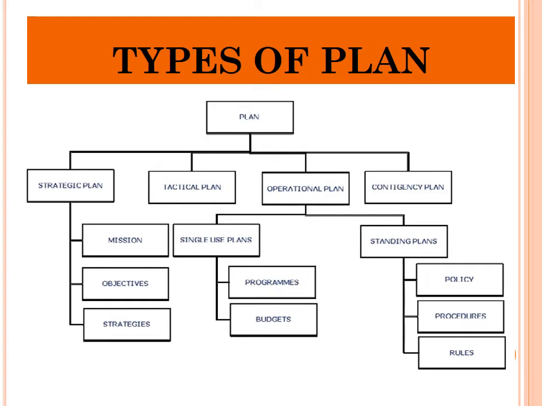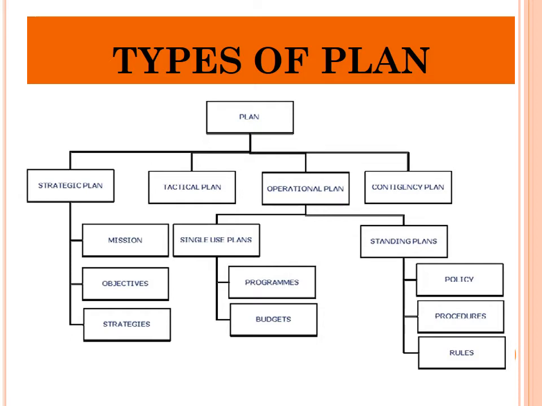In this diagram, you can see different types of plans. Plans may be strategic, plans may be tactical, the plans may be operational, and then the plans may be contingency plans. In the strategic plans, there are the mission, objectives, and strategies.